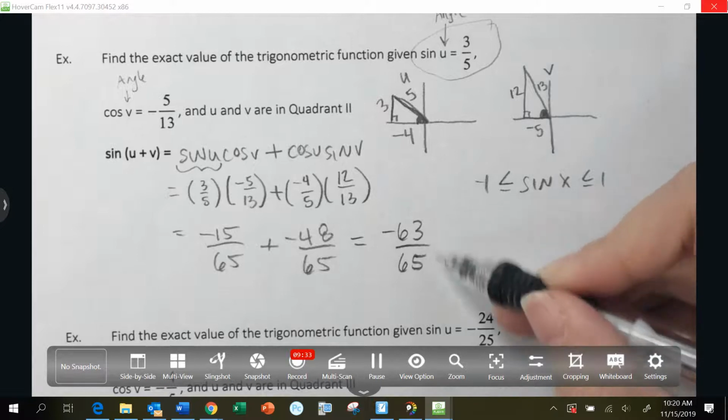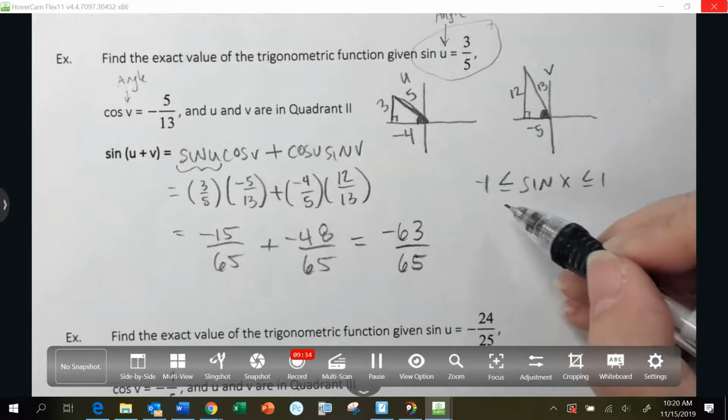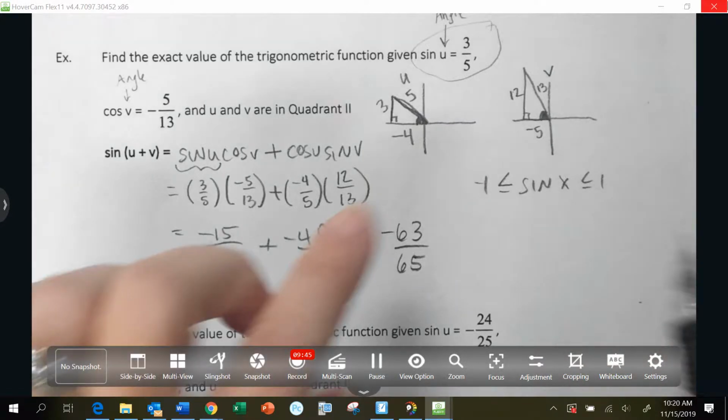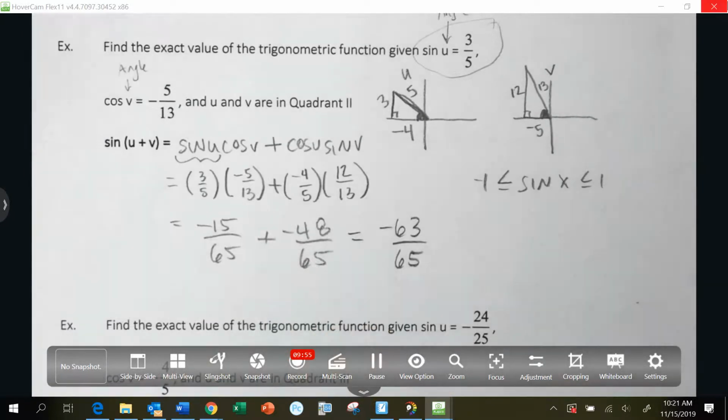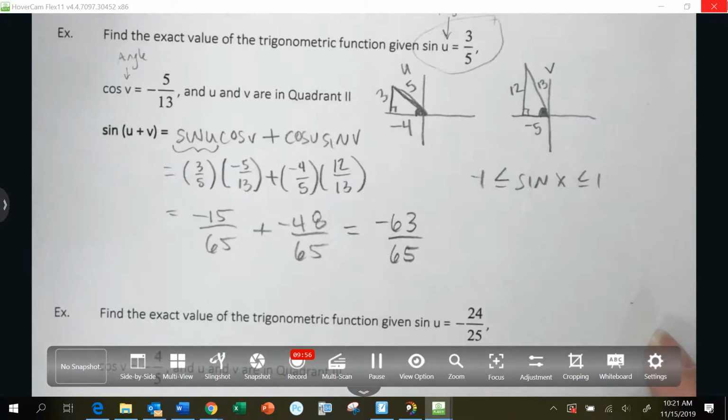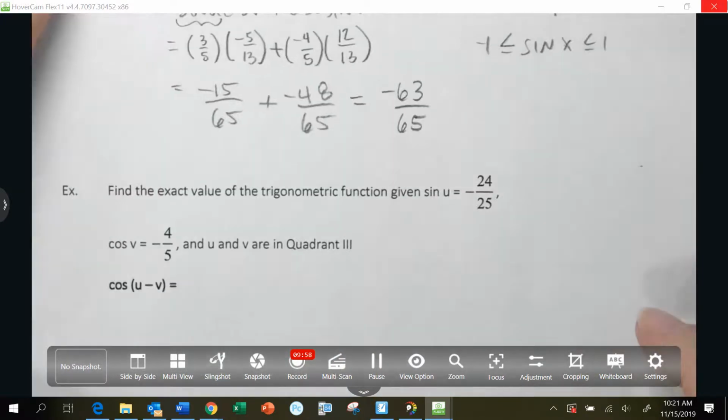Does this fit in between -1 to +1? So there's one way of just seeing if you're doing it right. Of course, it could match up and you still did it wrong, but at least that's one way to maybe check.